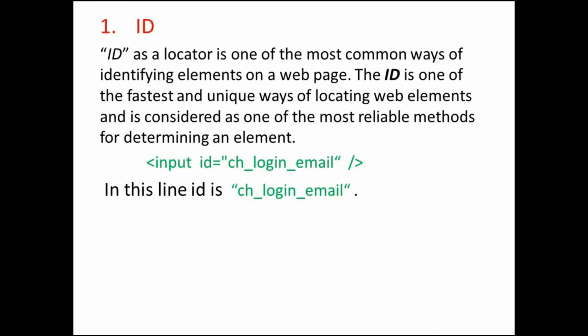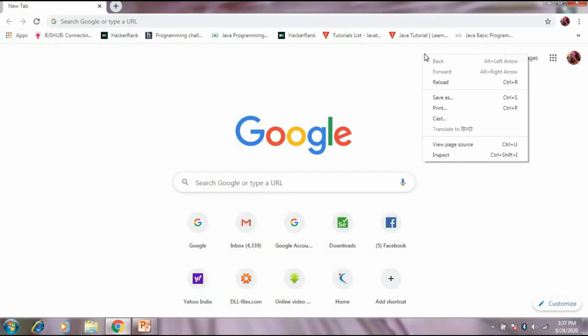So next is types of locators. First one is ID. IDs are unique for each element, so it is a common way to locate an element using ID locators. And ID as a locator is one of the most common ways of identifying an element on a web page. I show you ID.